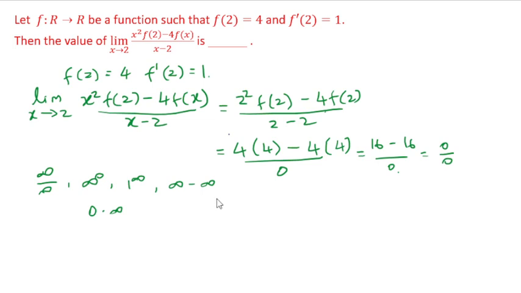So these are all indeterminate forms. So what should we do now? This is not even a value, right? This is of an indeterminate form. So we have to find the value of this given limit.